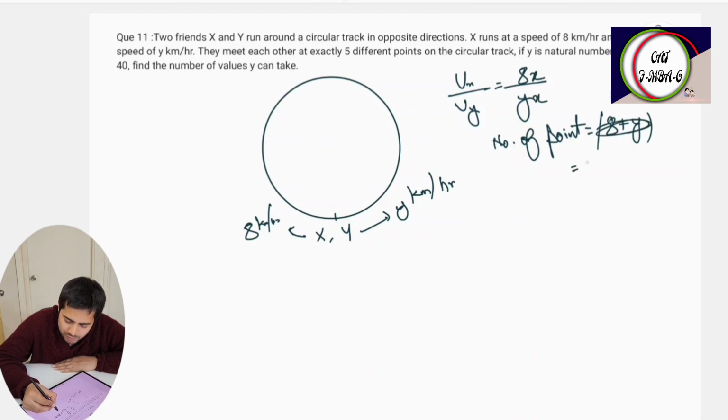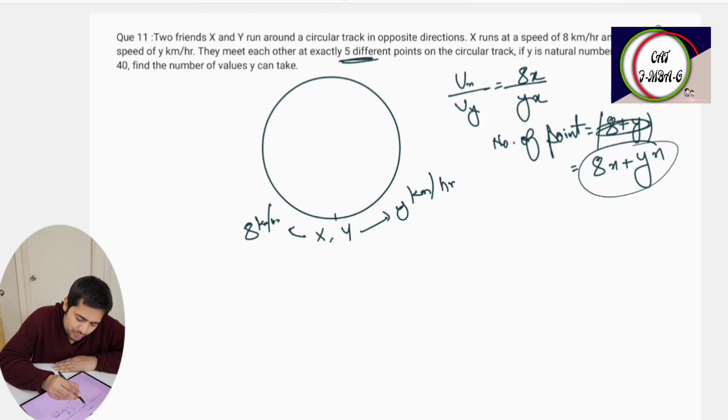So the number of points is 8x plus yx. Now they meet at 5 different points, so 8x plus yx is equal to 5.